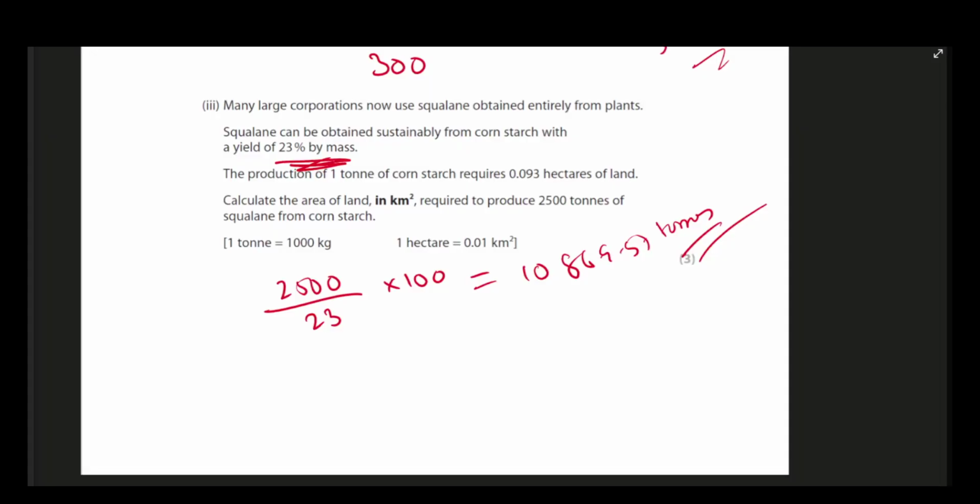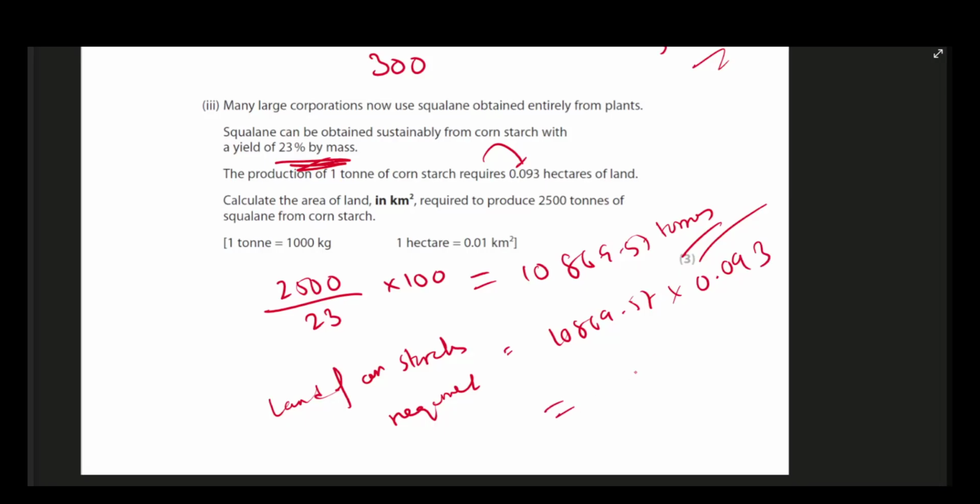Now the land area required is pretty simple. 1 ton of cornstarch requires 0.093 hectares. So for 10,869.57 tons, 10869.57 times 0.093, eventually we get about 1010.87 hectares.